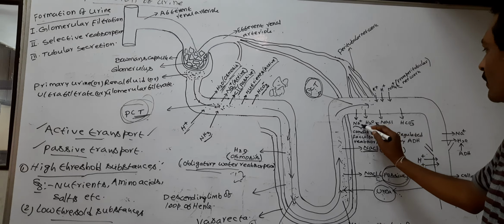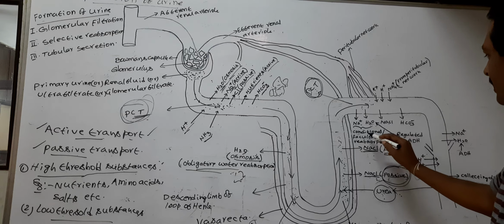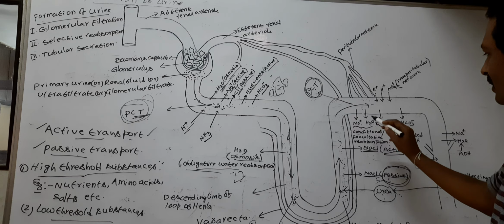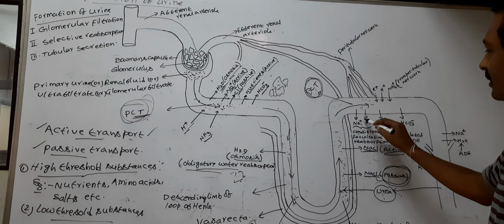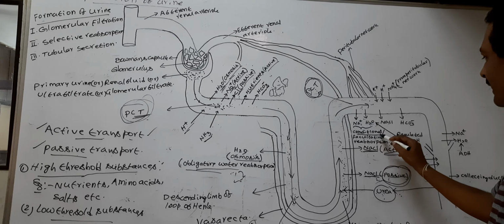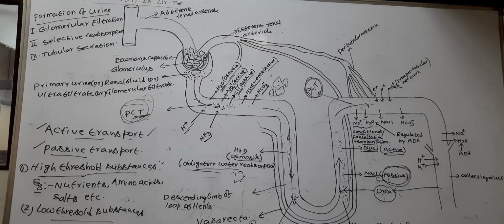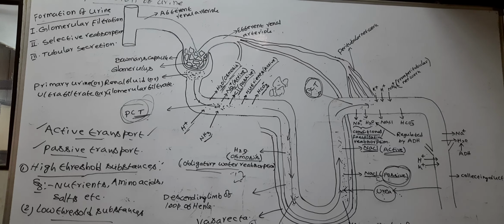Here the sodium and water absorption is conditional or facultative reabsorption. So absorption of sodium and water from DCT into cortical interstitial fluid is conditional or facultative reabsorption. What is conditional or facultative reabsorption?